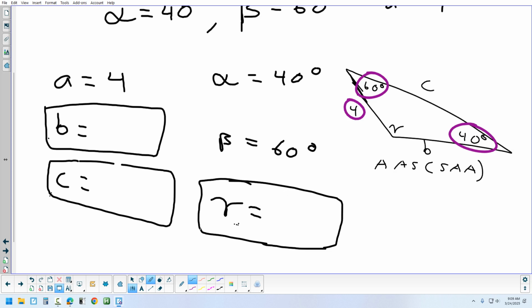You just have to add them all up and then subtract from 180. What do the 2 that we have add up to? 100. And if you subtract that from 180, 80. So that's going to be our third angle. One piece of information is done. Any question on how we got 80?